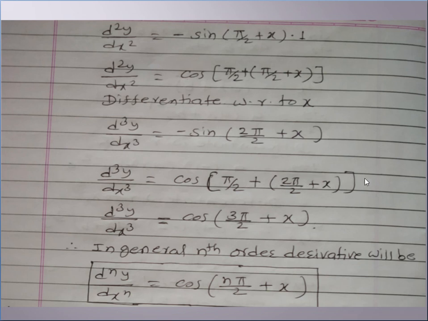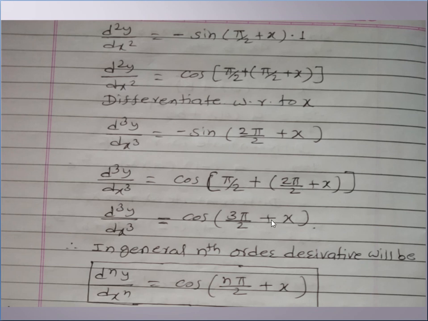That is, d cube y upon dx cube is equal to cos of 3 pi by 2 plus x. That is, for the third order derivative, we get the RHS in the form cos of 3 pi by 2 plus x.